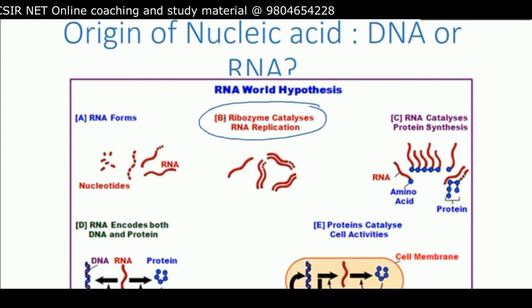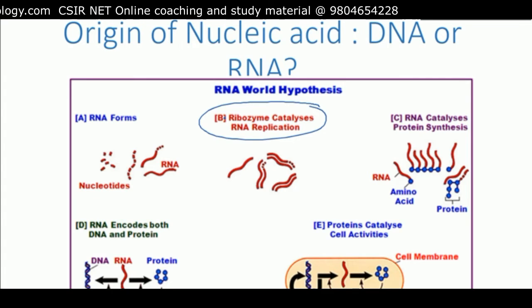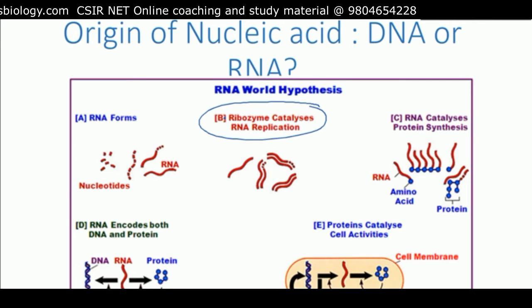As all these things about RNA are true, it was thought that RNA has the potential to become the primary genetic material at the very beginning of the origin of life, because at that point very little specialization is required. We need a few molecules which can do multiple jobs, and RNA is capable of that.